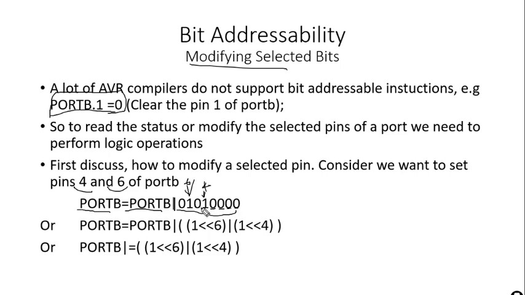And bits at positions where you have written 1 here, if those bits were initially 0, they will become 1, and if they were already 1, they will still remain 1. So wherever you perform OR with 0, the bits remain unchanged, and wherever you perform OR with 1, they will become 1 unconditionally.